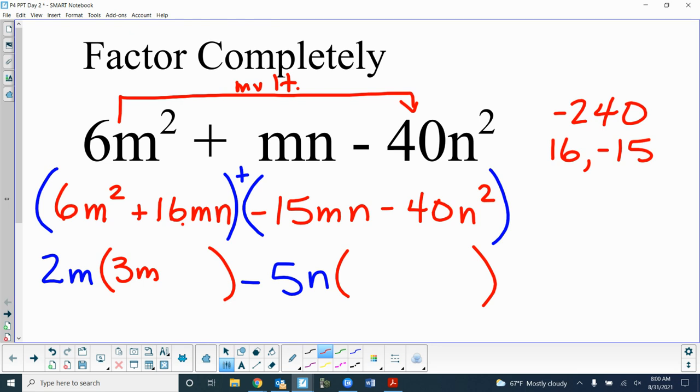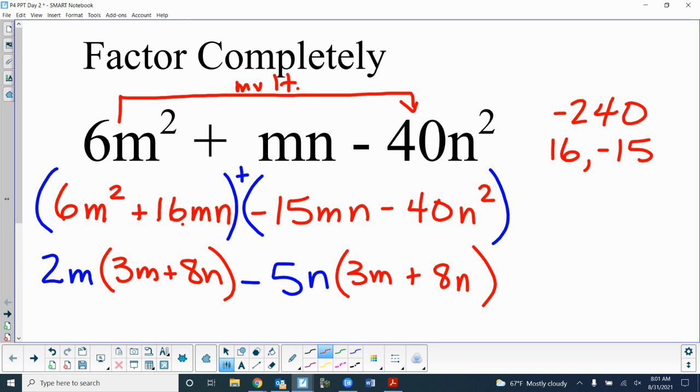What's 16mn divided by 2m? 8n. Right? What's negative 15mn divided by negative 5n? 3m. And what's negative 40n squared divided by negative 5n? Positive 8n.